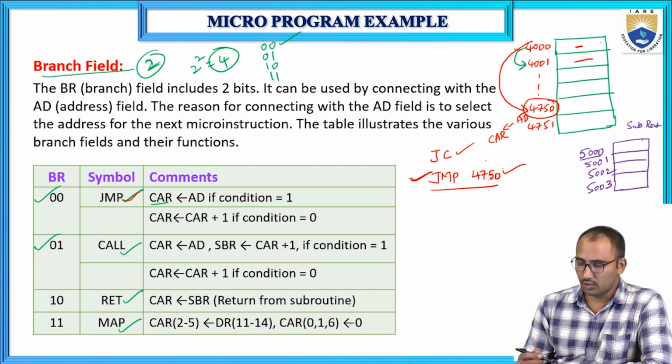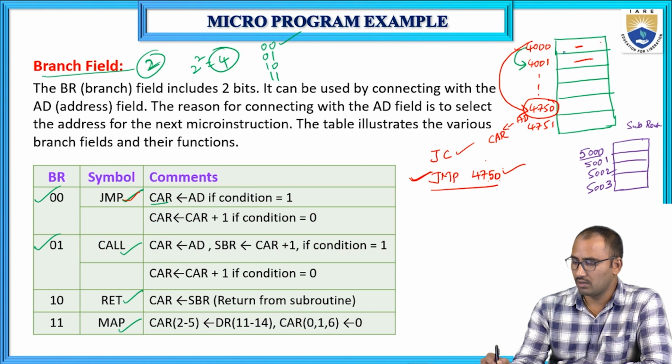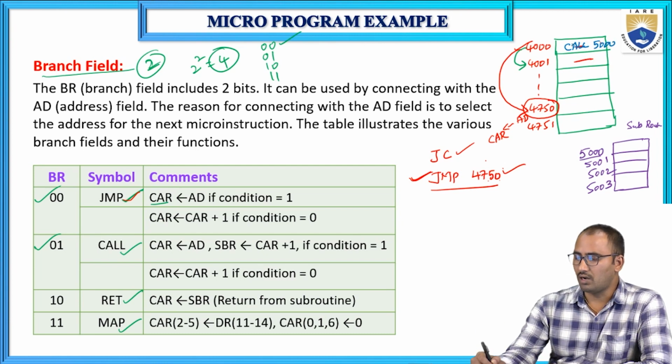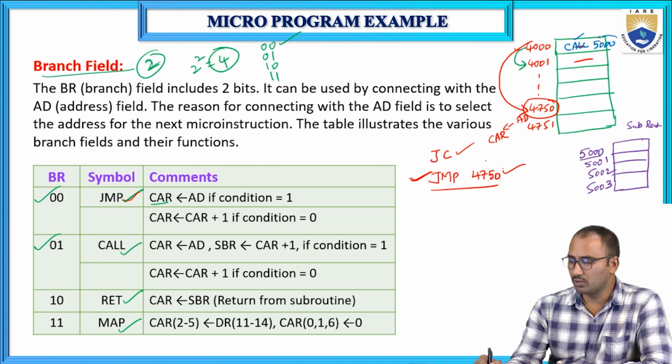Let us assume here we have the instruction call 5000. Whenever this call instruction is executed, the program control will be transferred to the 5000 location, where the subroutine is. Then the statements in the subroutine will get executed.